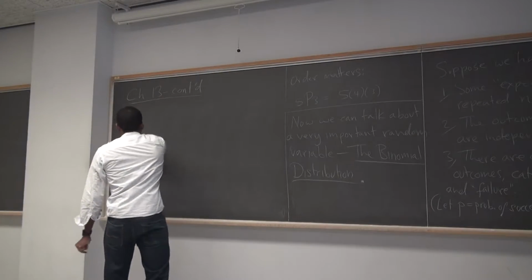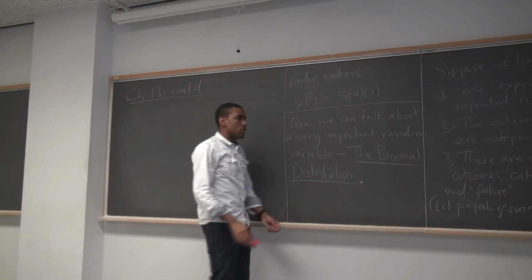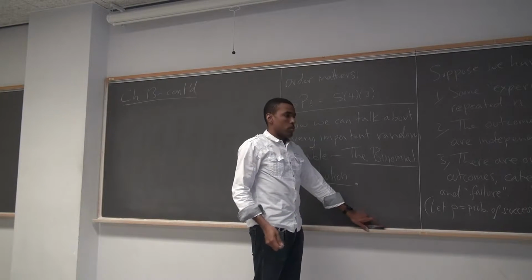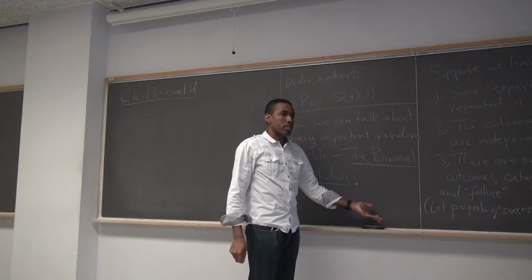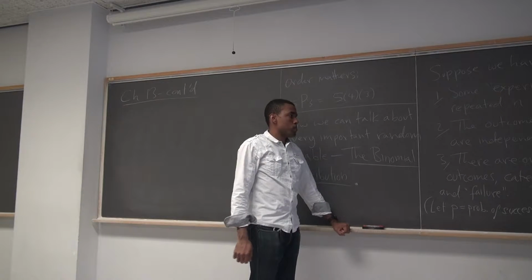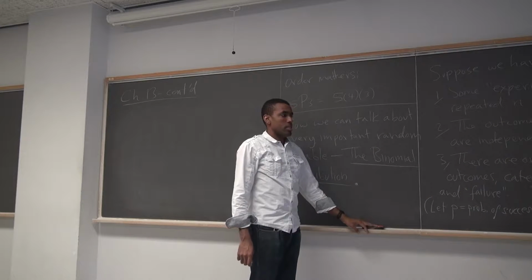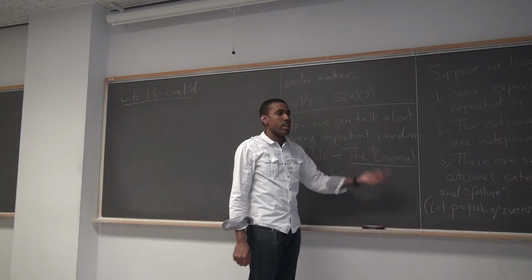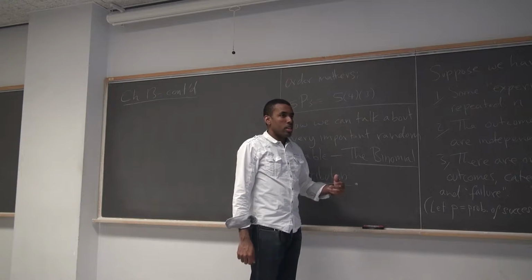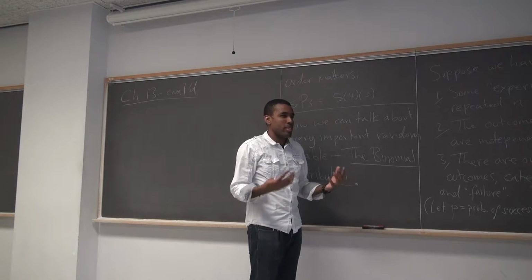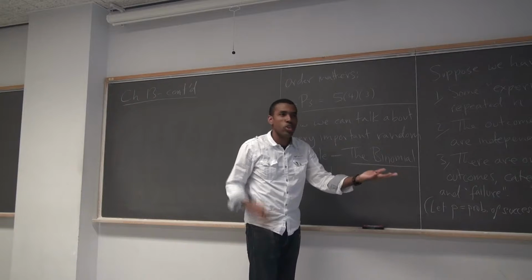There are other things that inherently don't have 2 possible outcomes, but you can still think of them as binomial. For example, rolling a fair die. I could say, okay, if you roll this die and you get a 3, then I pay you $1. If you get anything else, you have to pay me $1. In that situation, the die has 6 possible outcomes, but really I can think of it as 2. You either get a 3 or you don't.